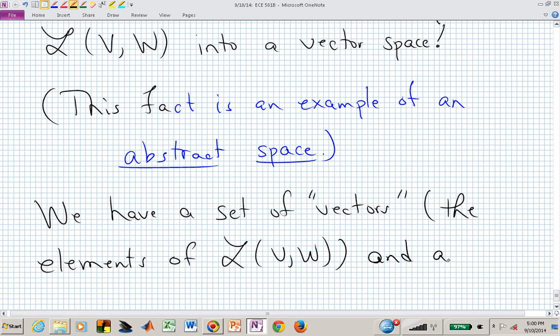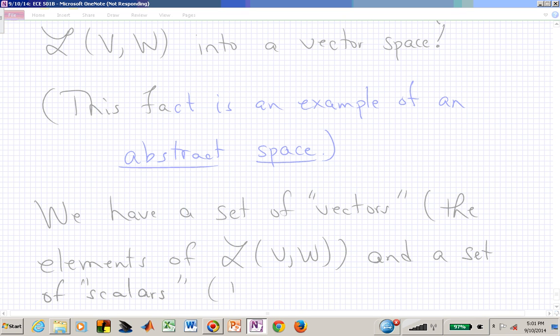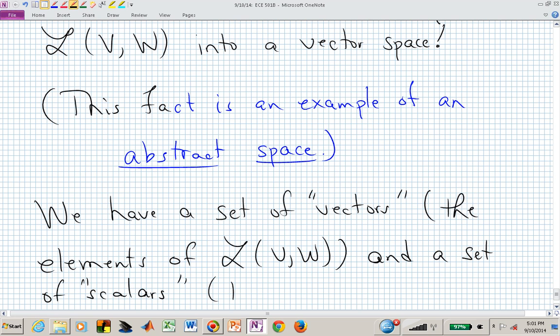Now, to be a vector space, what do we need? We need those to be together with a set of scalars. So we need these vectors and a set of scalars. And let's let that just come from F, which could be R or C.